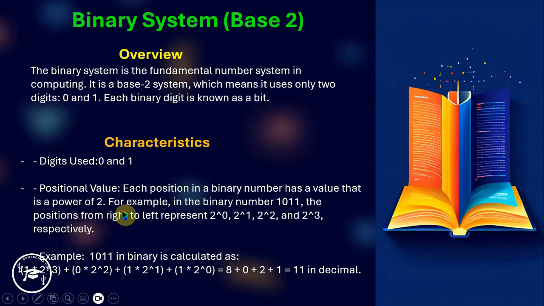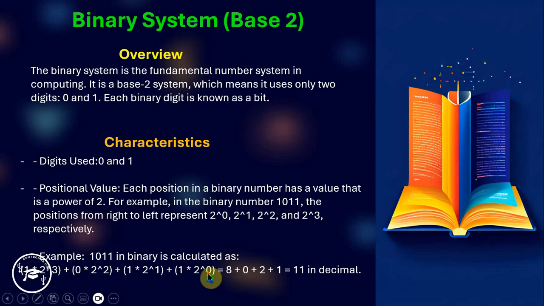What do we mean by that? When we arrange the 1, 0, 1, 1 in order, as we explained earlier, we have to start from 0, right?